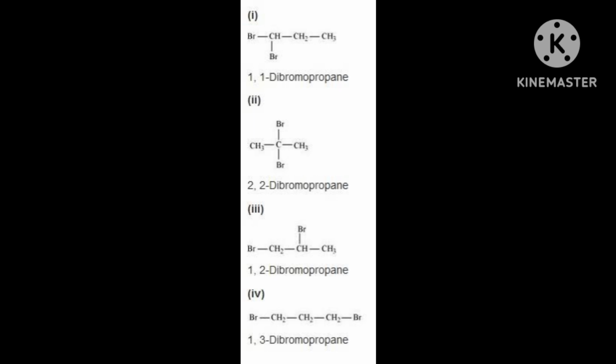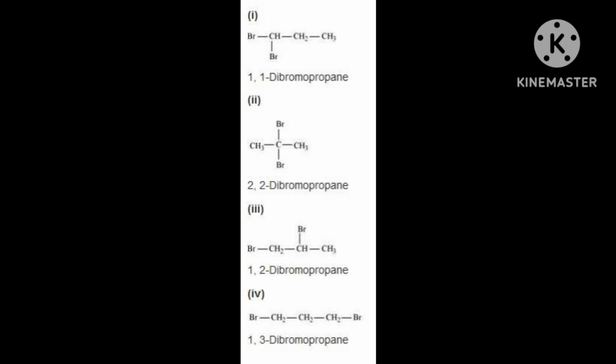Then the main thing is that one double bond is there, and one H is replaced with a methyl group on the first carbon, and from the second carbon the H was replaced by CH3CHBr. Okay, then what will be its nomenclature? You have to write.